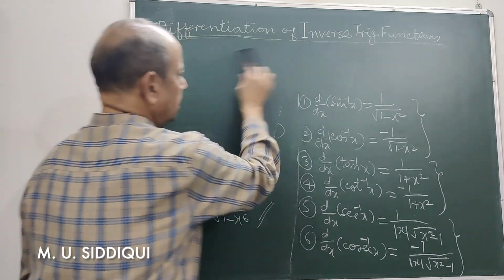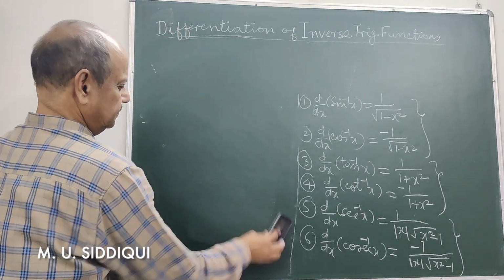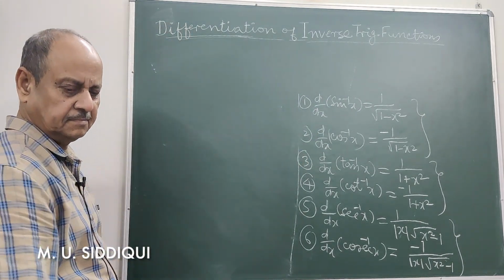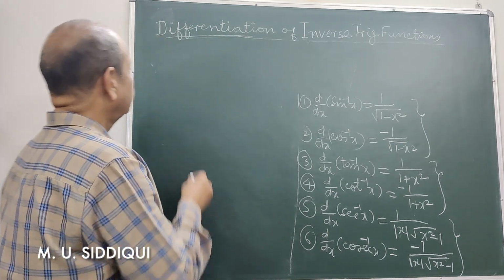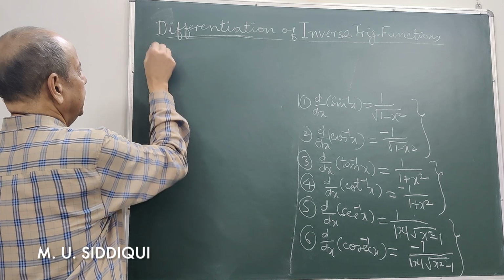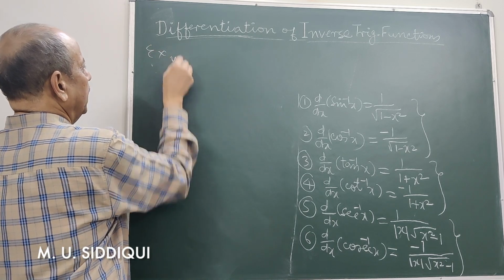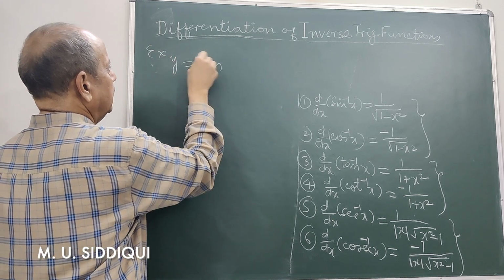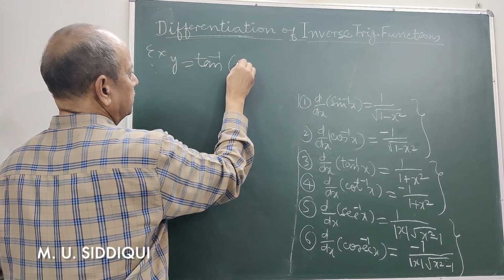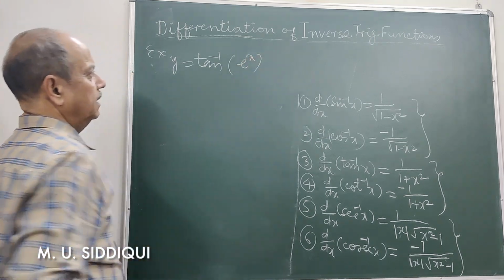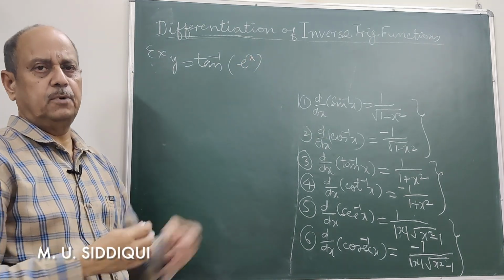Now I can erase this part and say, as an example, y is equal to tan inverse of e to power x.